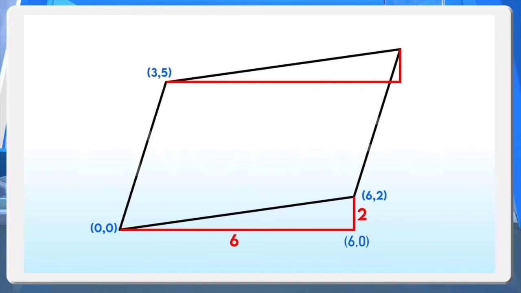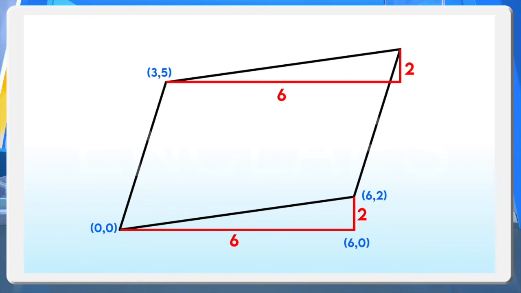Since the sides of both right triangles are equal, the lengths of the upper right triangle sides are also 6 and 2. Now, let us find the coordinates of the lower right corner of the upper triangle. Since the distance between the points is 6, the x-coordinate of the lower right corner will be 6 greater than the x-coordinate of the other end point.